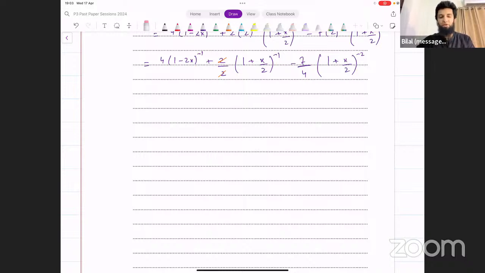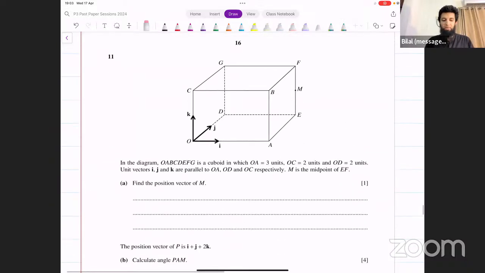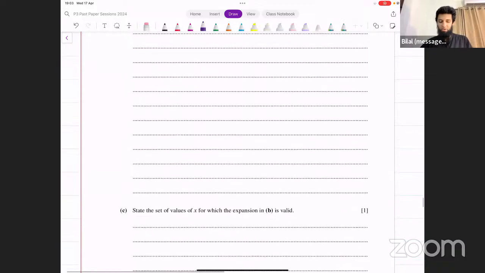Otherwise, you'll have the recording available as well for that last question. So the last question, number 11, I'm going to leave for the second part of this class at 9 o'clock, or 9:15, depending on when the M1 class finishes. Hopefully it finishes earlier, so we'll be doing that at 9 o'clock. Is that okay with everyone?